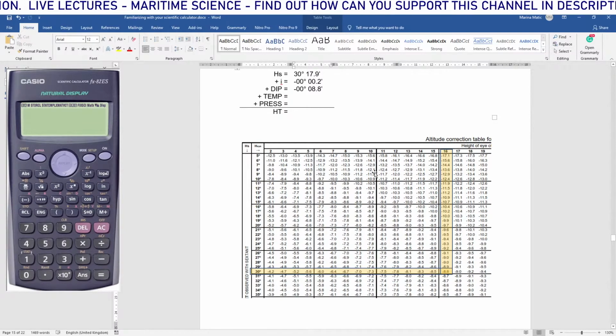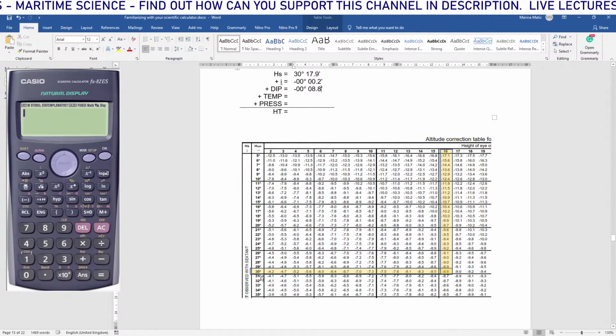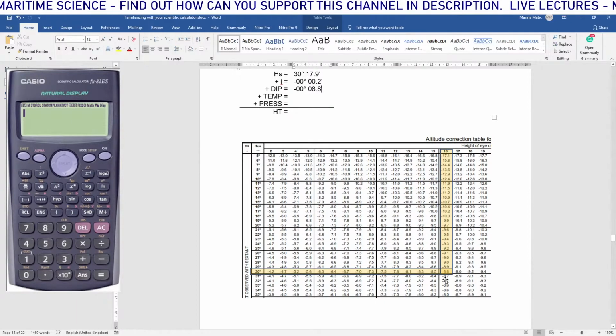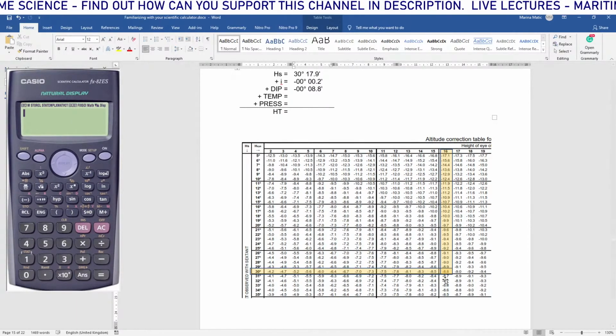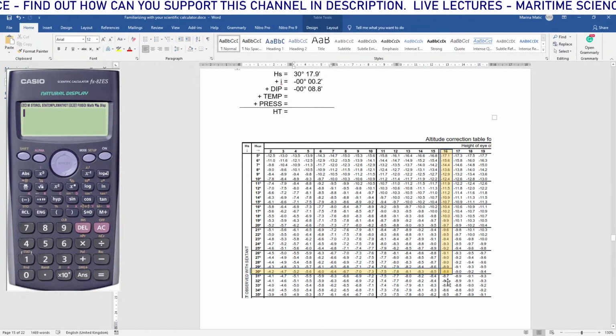Now try to follow here. If the value for height observed with sextant for 30 degrees was 8.8, and the value for 31 degrees is 8.6, stay with me here, and I have 30 degrees and 30 minutes, in between 30 and 31, I can calculate in my head the middle between 8.8 and 8.6.